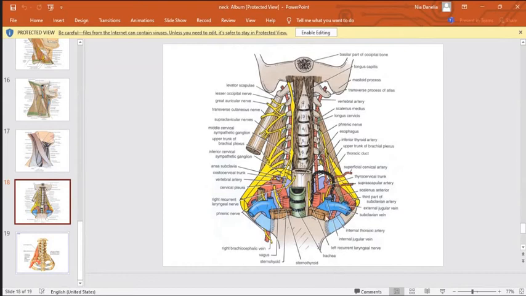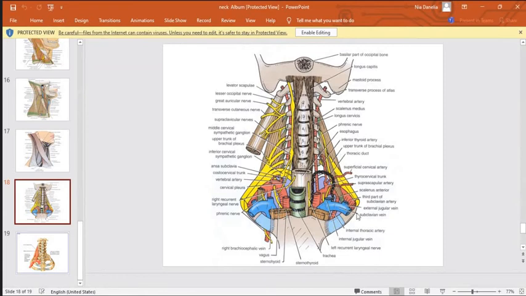From anteriorly to the posterior side in this triangle, most anteriorly is located the vein, behind and above the vein is located subclavian artery, and posteriorly to the artery is located the brachial plexus, which is formed by C5 to T1 nerves.